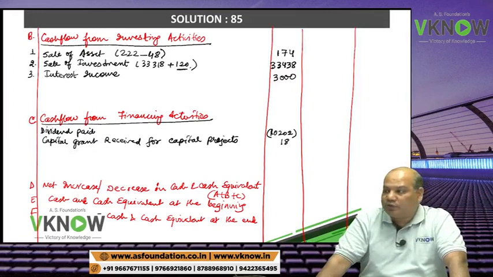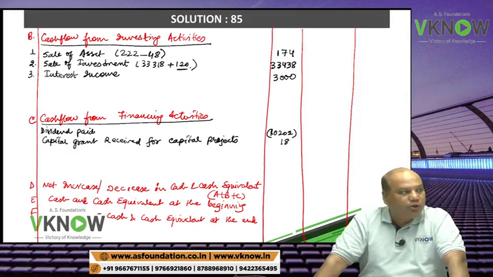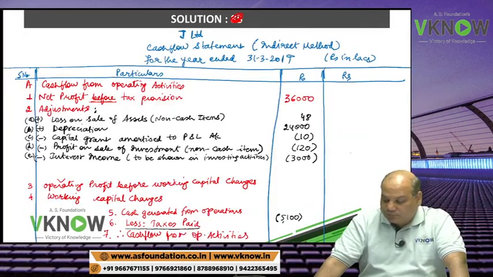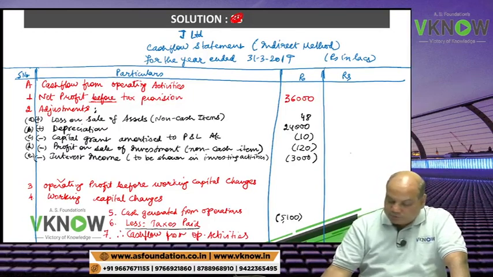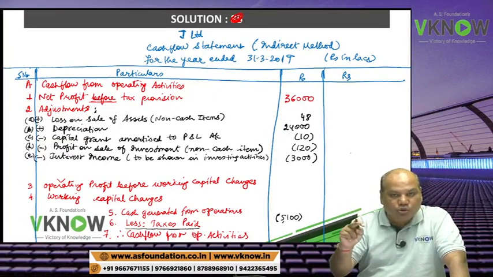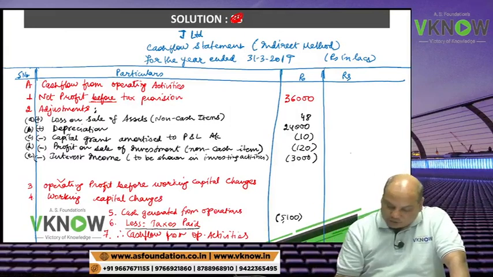Any query on this? Next point: interest expenditure debited to P&L account. So what I will do? First I will remove it from cash flow from operating activity and show it in financing activity.